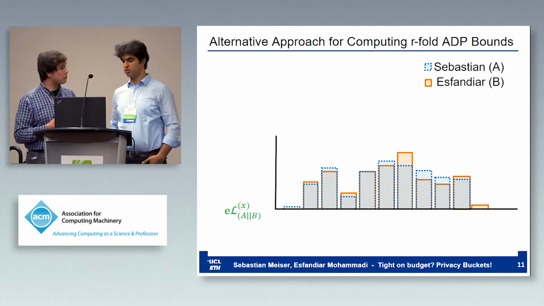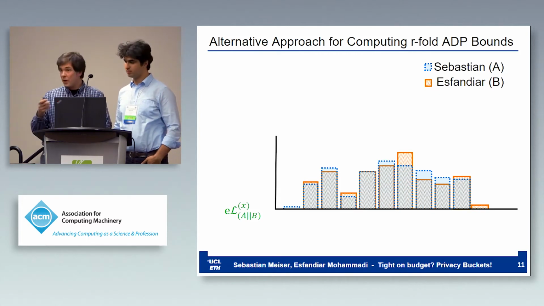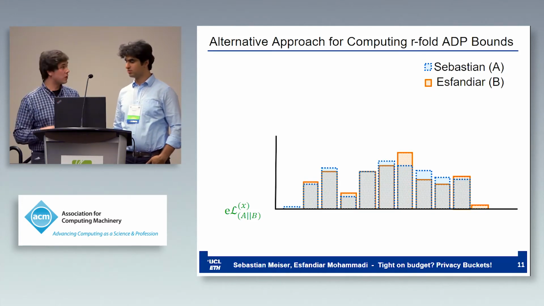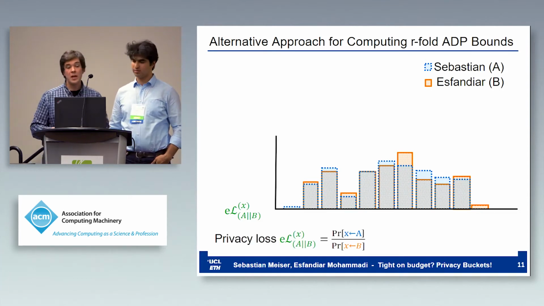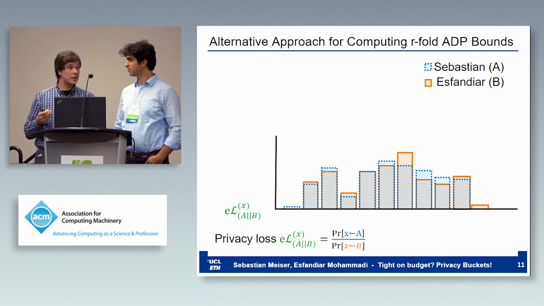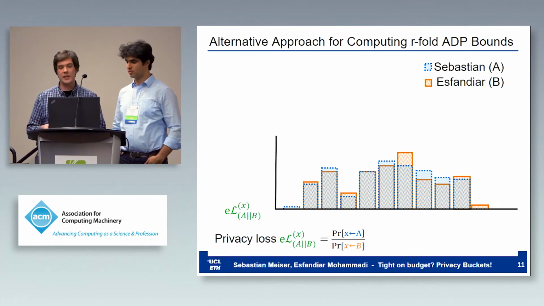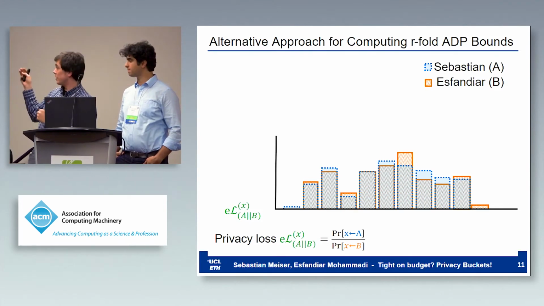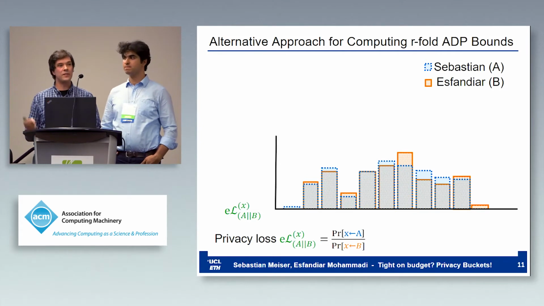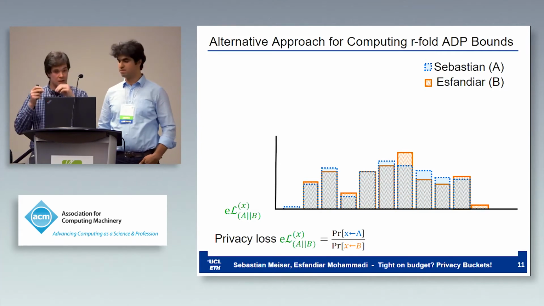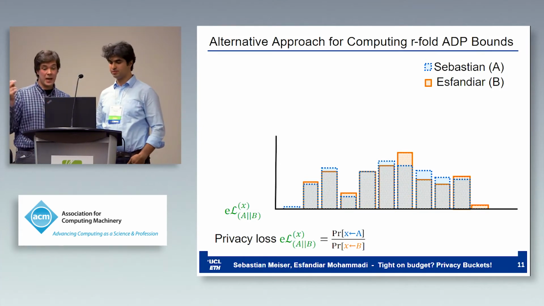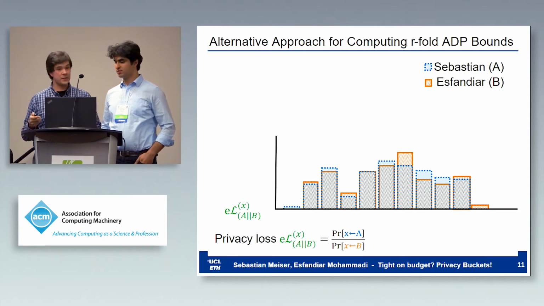Okay, let's briefly talk about the privacy loss. The privacy loss is used, for example, for concentrated differential privacy, and we use the exponentiated privacy loss, if you're familiar with that, which is basically just a fancy way of saying we use the ratio between the probability of X being from A divided by the probability of X being from B. So the probability that I watch something divided by the probability that Esfandia watches something.